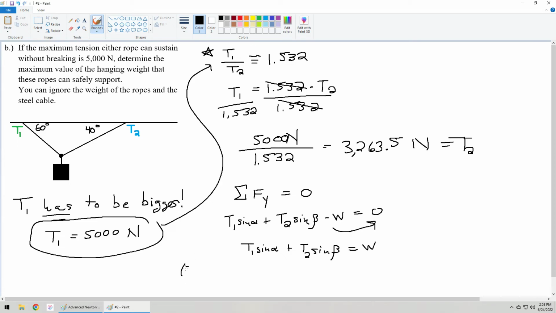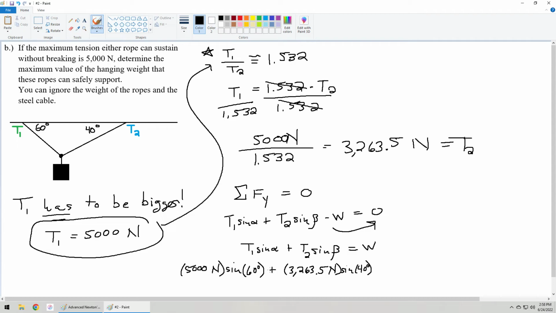We said T1 was 5,000 newtons, and that's being multiplied by the sine of alpha, which is 60 degrees. And then we're adding 3,263.5 newtons multiplied by the sine of 40 degrees. We're summing those together, and that's the maximum weight that those ropes can sustain.